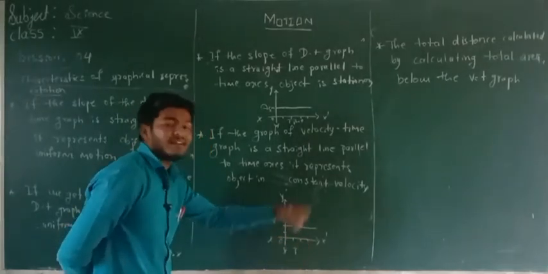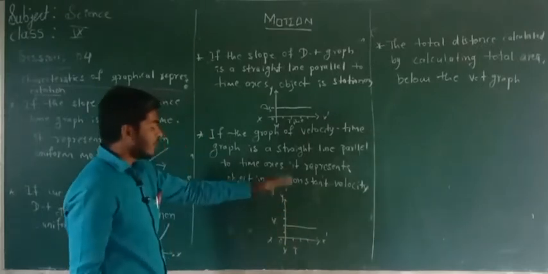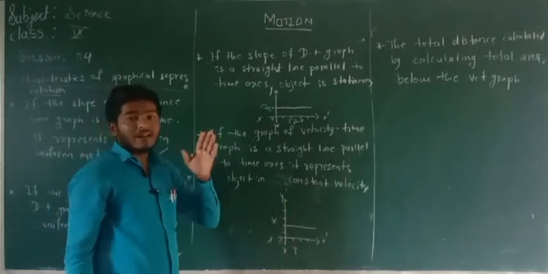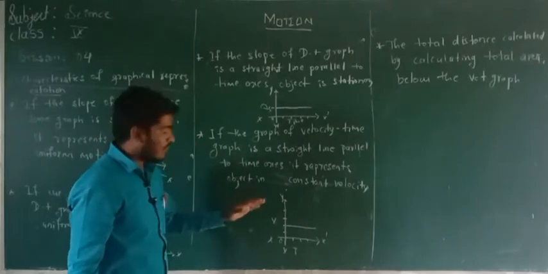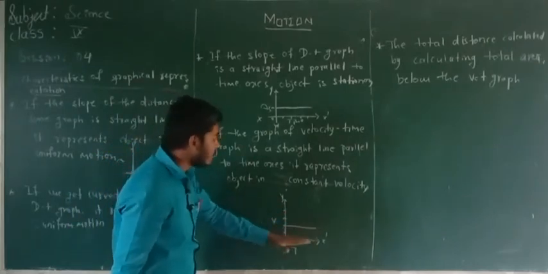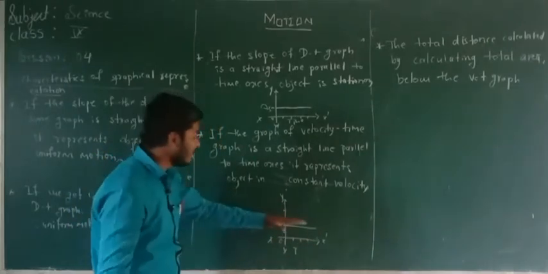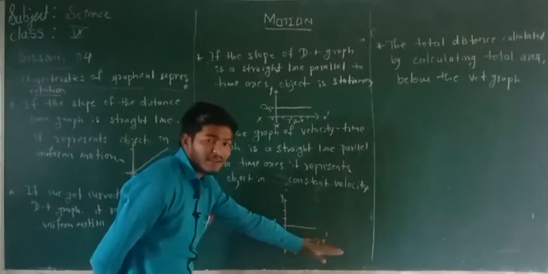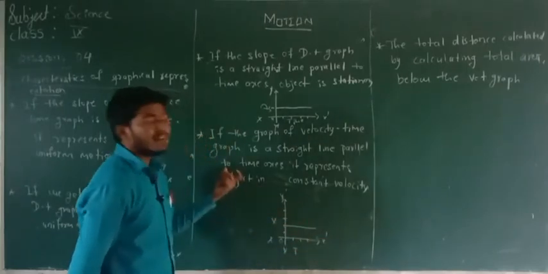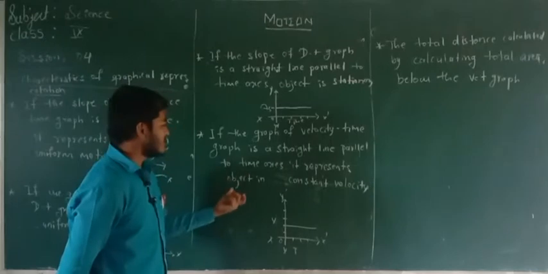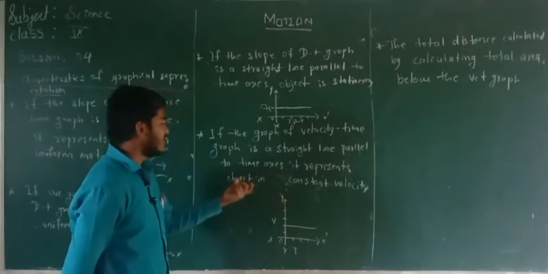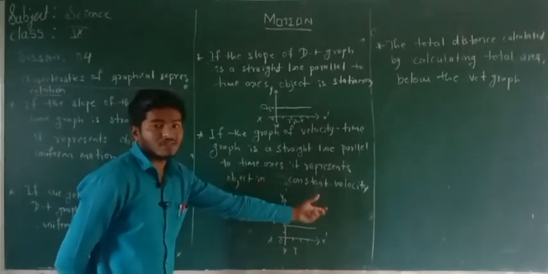After 3 seconds also 10 meters per second. So if the velocity-time graph is a straight line parallel to the time axis, then that graph represents an object with a constant velocity.